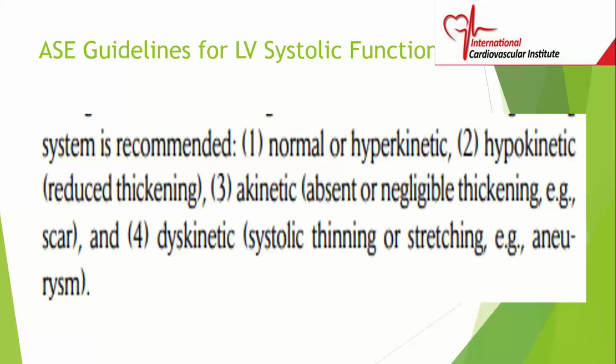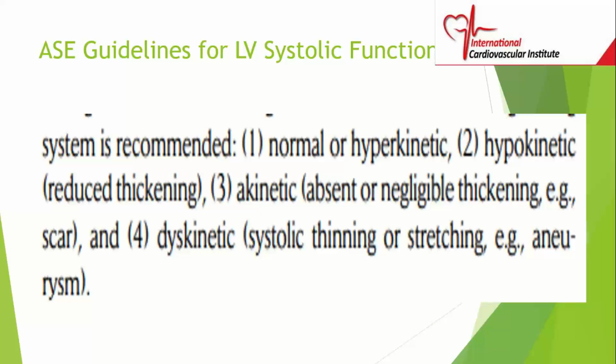So as I briefly went over, we have a normal segment and we score it 1. Even if it's hyperkinetic as well, we give it a score of 1. And then we have a score of 2, which is hypokinetic, that is reduced thickening.